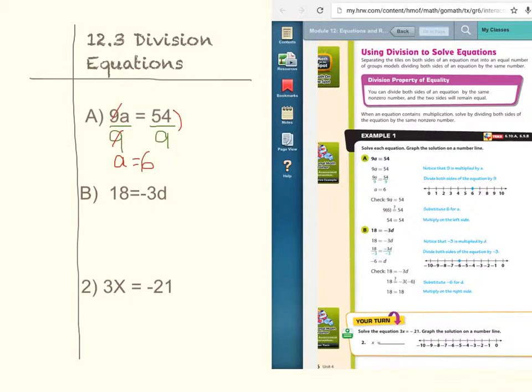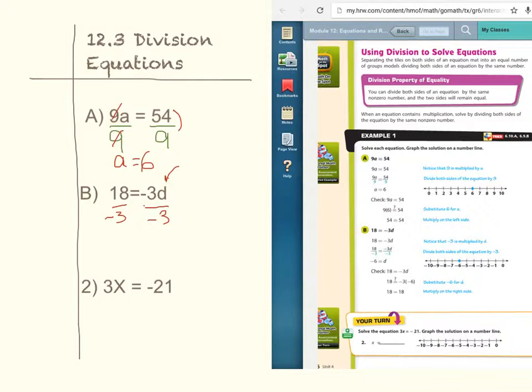18 equals negative 3d. Okay, now my d, my variable, is on this side. But what do we need to get rid of so that the d is by itself? We need to get rid of negative 3. How? Do the opposite of what operation it is you see. This is negative 3 times d, so I'm going to divide by negative 3 because dividing is the opposite of multiplication. Okay, to keep it balanced, I'm going to divide the other side by negative 3.